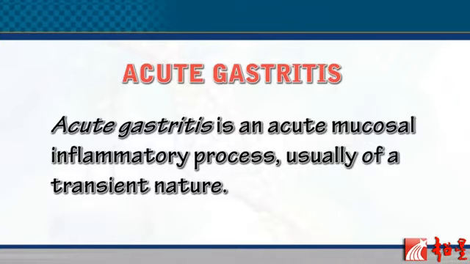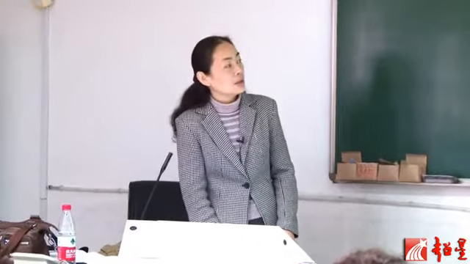And acute gastritis, we said, is an acute mucosal inflammation process. With this kind of gastritis, usually we will find hemorrhage into the mucosa. And in more severe circumstances, we can see the superficial mucosa destroyed.